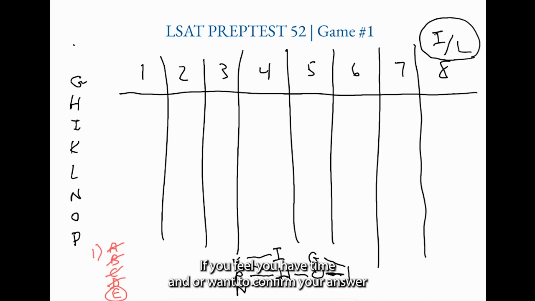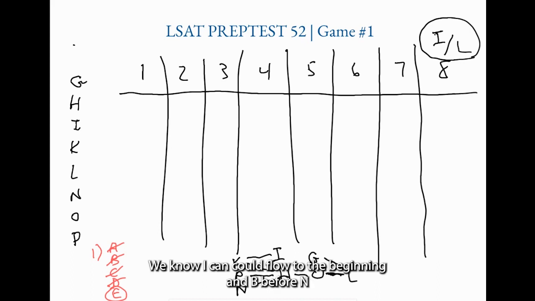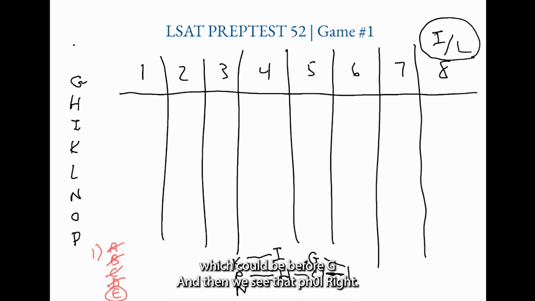If you feel you have time and want to confirm your answer because you're uncertain, you can look at the web quickly and see if anything seems out of line with that. K before I, that's okay. We know I could float to the beginning and be before N, which could be before G, and then we see that P-H-O-L right in order. You see how choice E makes a lot of sense in light of the web that we've drawn? So that's a great way to use your web as a confirming mechanism for number 1.